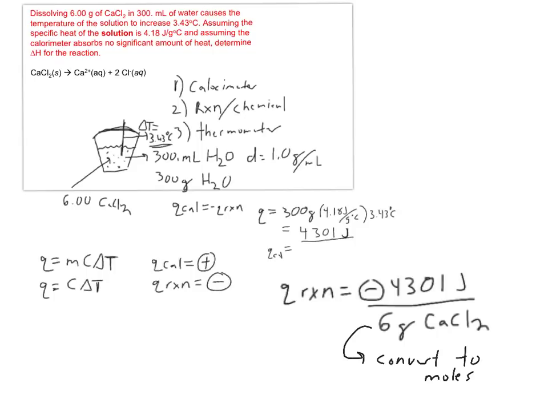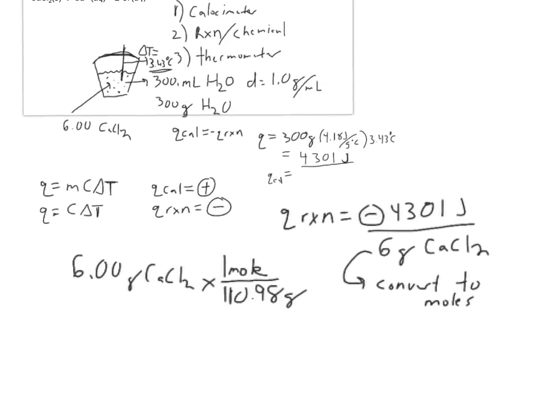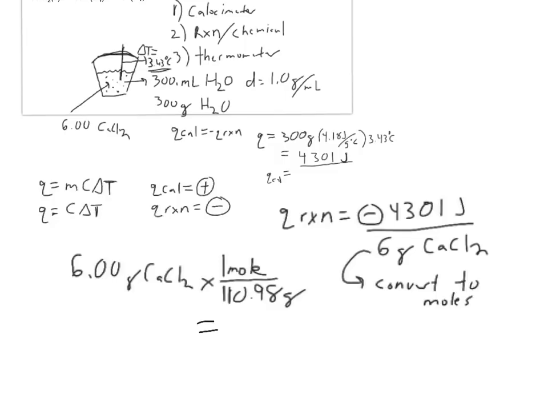You've done that a lot by this point in the semester or in your chemistry careers. But if you've got 6.0 grams of calcium chloride, to convert it to moles, you have to divide by its molar mass. 1 mole of calcium chloride weighs 110.98 grams, which is equal to 0.0541 moles of calcium chloride.